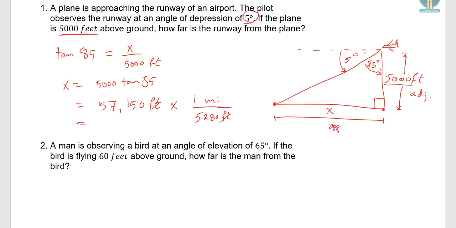Essentially, we divide 57,150 by 5280, which gives us about 10.8 miles. We could have very well left it in feet, but it's nicer in miles because it's easier to fathom 10.8 miles than it is to imagine 57,000 feet. It's more familiar.